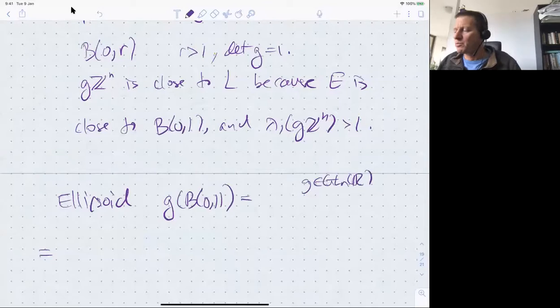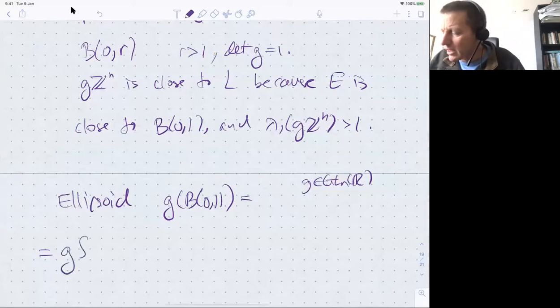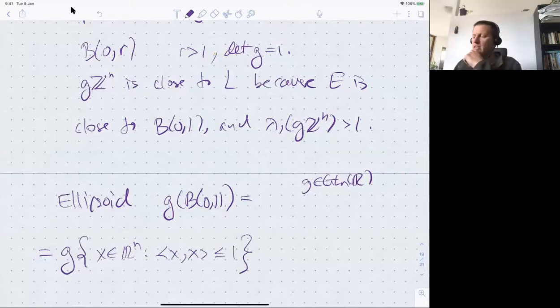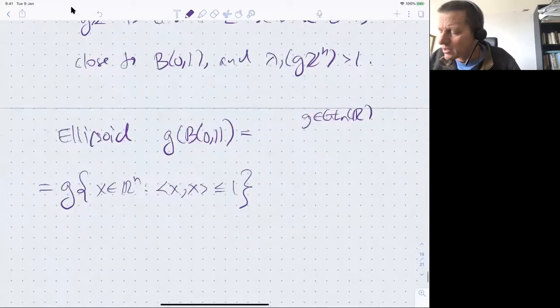So the ellipsoid you obtain by mapping the ball of radius 1 by G is the set of G applied to X in Rn such that the norm of X is less than 1, which is the same as saying that the inner product of X with itself is less than 1. So this is, just call it U or Y maybe.